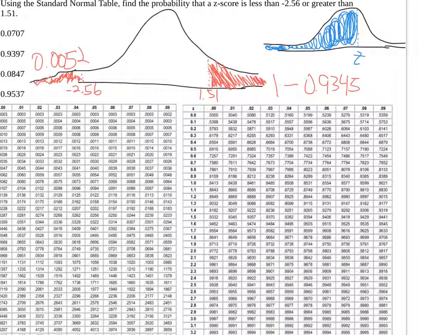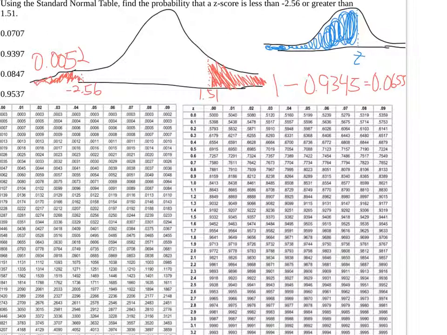So you can go to a calculator, or if you can do it in your head, that's great. That should be 0.0655. Okay? So now we know the probability here, and we know the probability here.